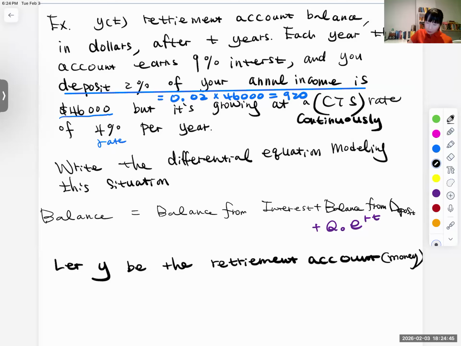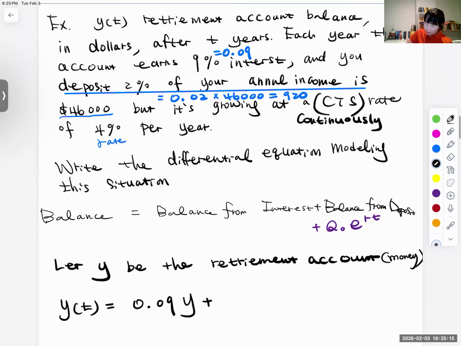So we can say that y of t equals the first term, the interest, which will be 9%, so 0.09 of y, because they say each year the account earns 9% interest.